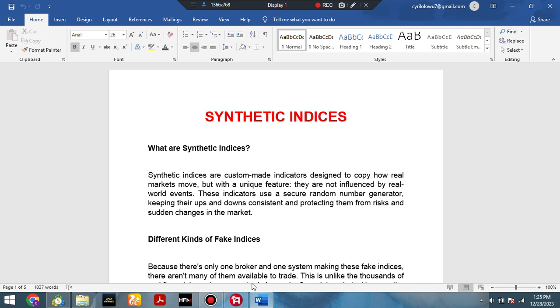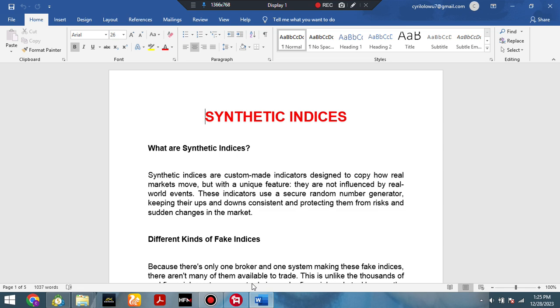Now, synthetic indices mimic the real-life market, and when we're talking about the real-life market, we're talking about forex, because it is only forex that we know is real life. And why is it real life? It involves two players: the buyers and the sellers. But in the case of synthetic indices, it is not like that. They are only mimicking forex in terms of movement. So that is why it is stated that world events don't affect synthetic indices.